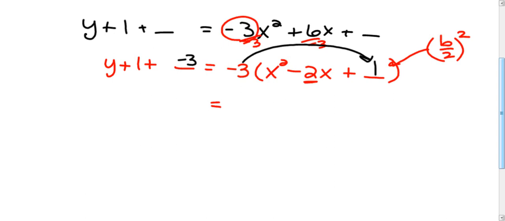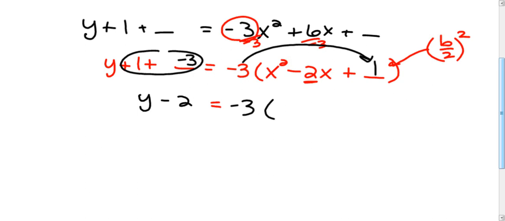All right. So when I look at my left side now and I combine my like terms, a 1 and a negative 3 makes negative 2. And on the right now, hopefully I can take the parentheses part of this and have it be a perfect square. So my fronts, x times x gives me my x squared. 1 has to be 1 times 1.